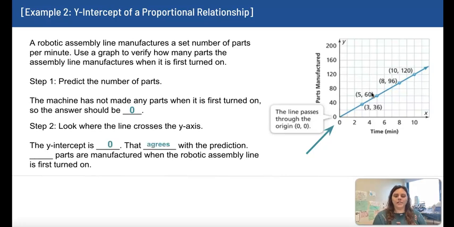And that agrees with the prediction we made. 0 parts are manufactured when the robotic assembly line is first turned on. So what we're seeing here is just the logic of at time 0, how many is made? Oh, 0 should be made, and the graph is agreeing with that. The graph of a proportional relationship always goes through 0 because that's the point of a proportional relationship.